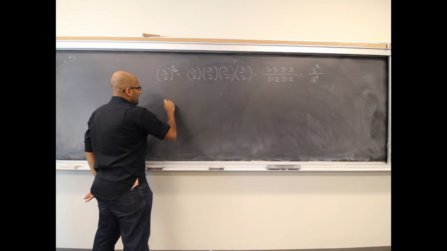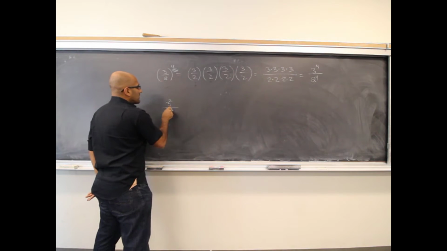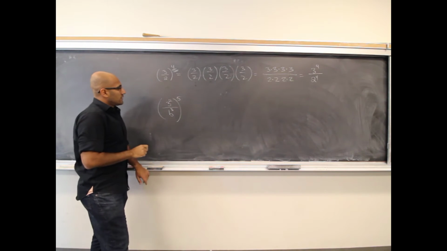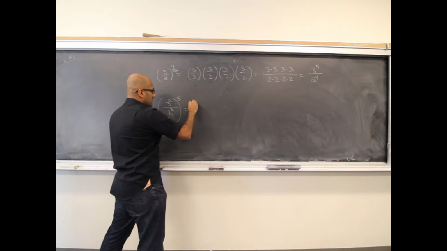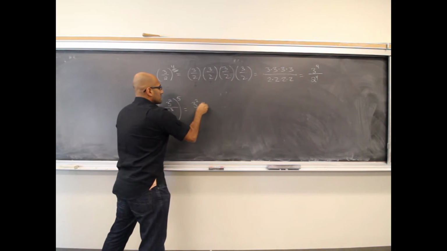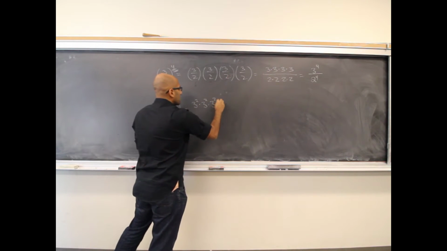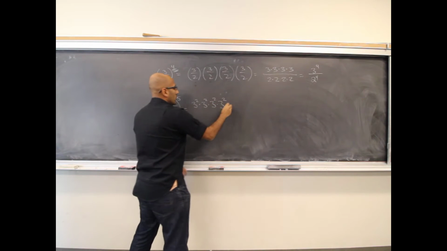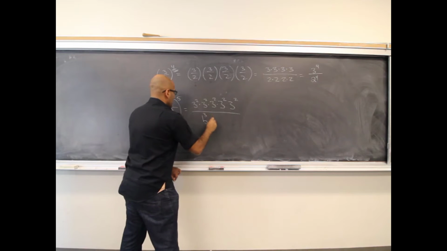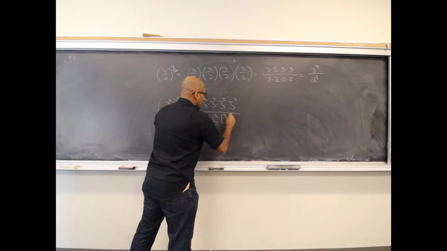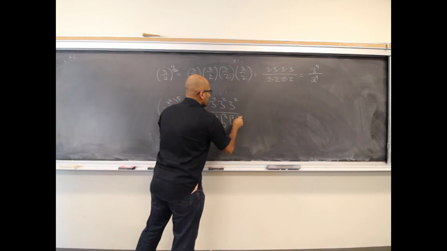So then if I wanted to take advantage of that shortcut, I could use it in this way. How about if I had 3 squared divided by b to the 3rd power, all of it raised to the 5th power? Well, this is saying that it'll be 3 squared times 3 squared times 3 squared times 3 squared times 3 squared, 1, 2, 3, 4, 5, all over b to the 3rd five times.